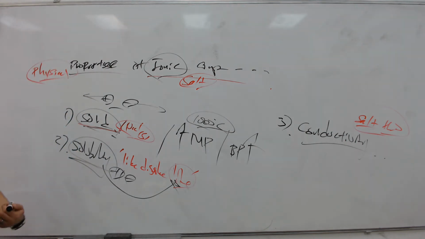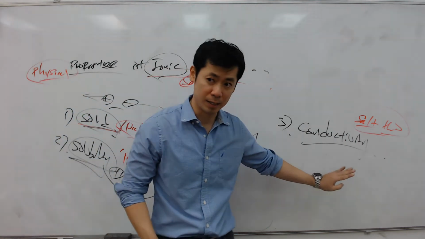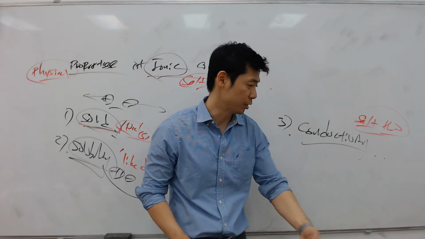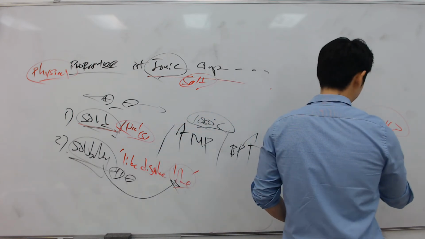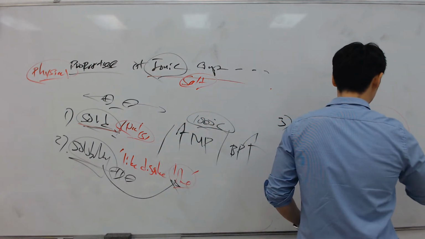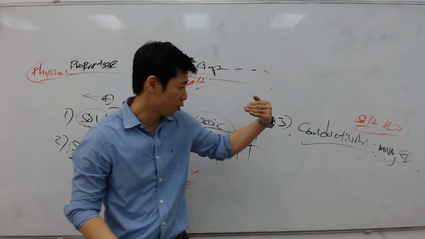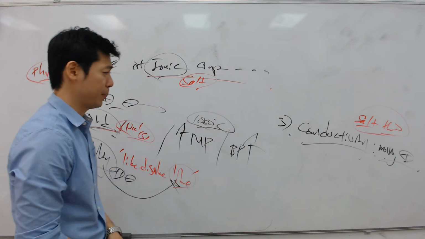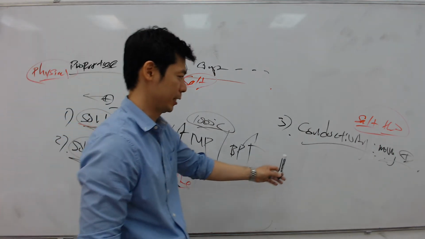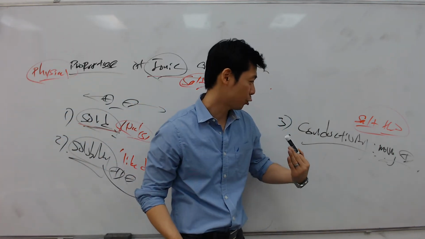In order for a substance to be conductive, it needs to have moving charged particles. Particles have to be able to move from point A to point B. That's basically what you need for electrical conductivity.